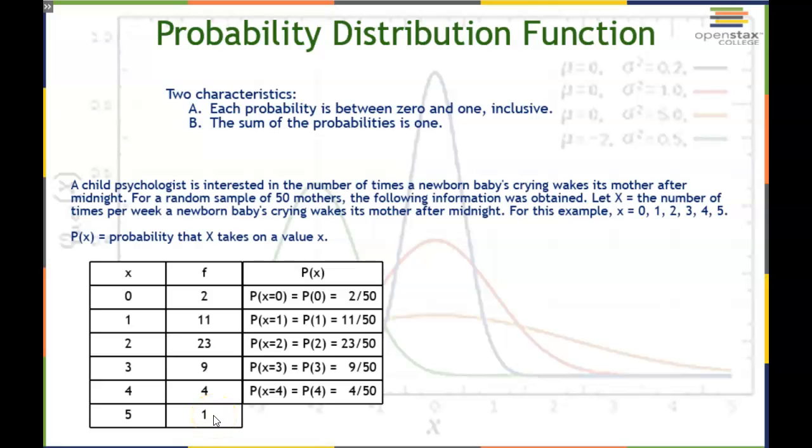The number of moms that experience their baby waking up 5 times per week after midnight is 1, and therefore the probability of 5 is 1/50.